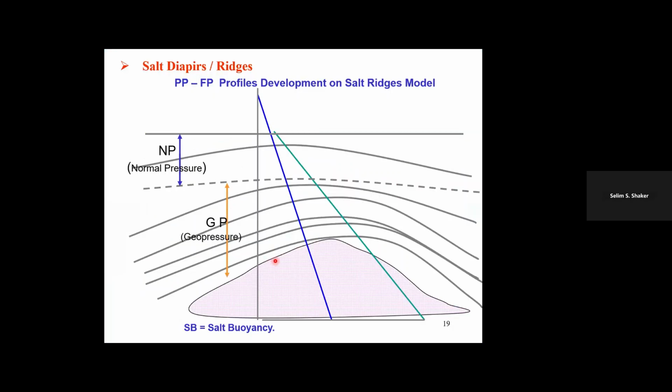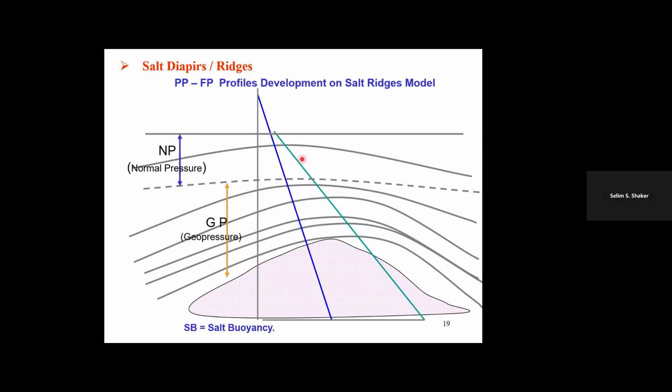Here is a ridge, a salt ridge. Here are the sediments on top of it. Here is an unconformity. Here is the hydrostatic. This is the trend of the fluid in the ocean or in the sediments, as linear as whatever the density is. And then here is the principal stress, which is the weight of the sediments.